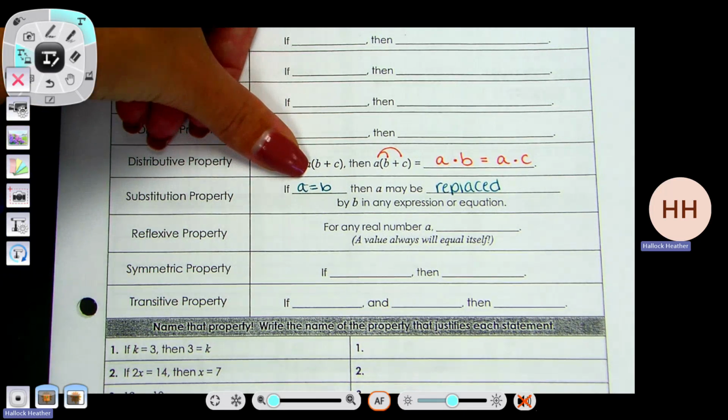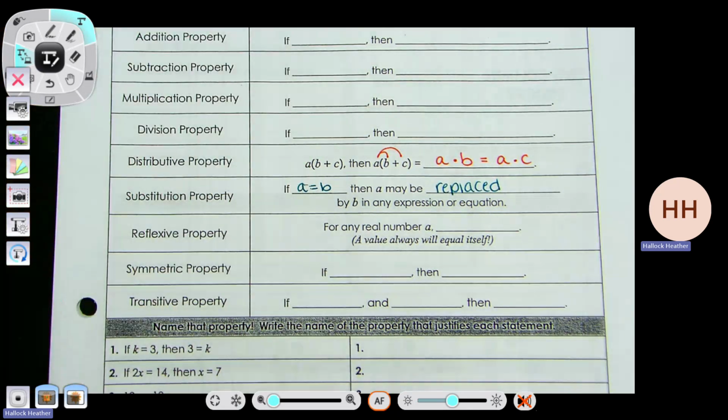What did you say, 13? 13 is not substitution. 5. No, never mind. Nope. It's 7. Nope. 8. 6. No. Okay, take a second.